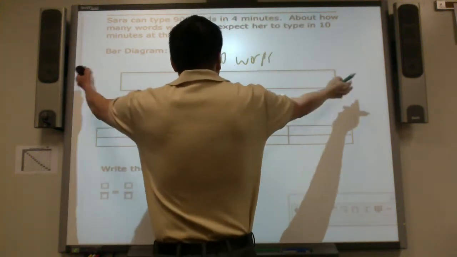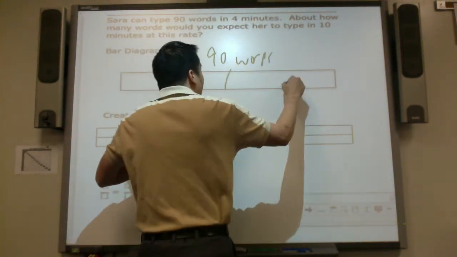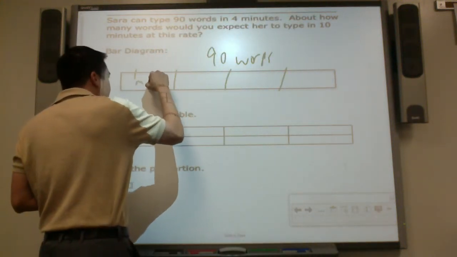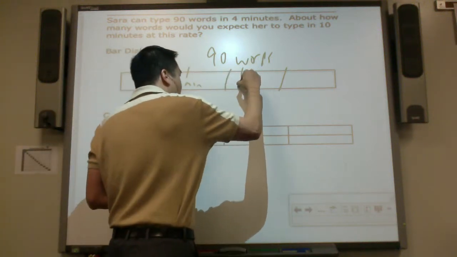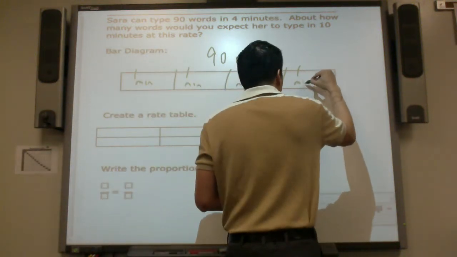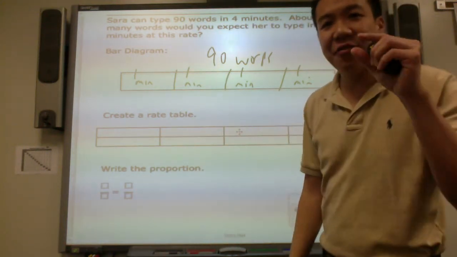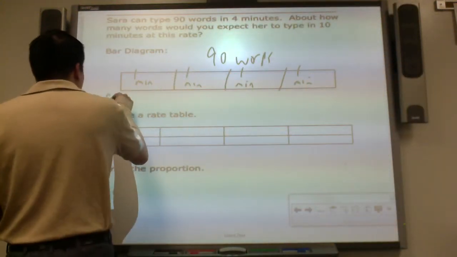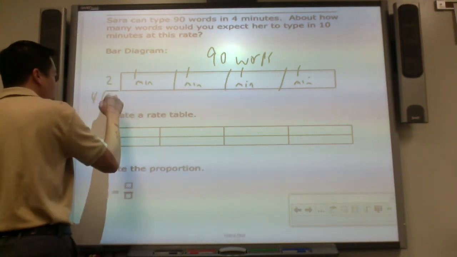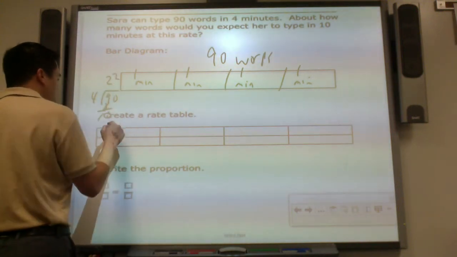So here's 90 words. We break it down per minute: 1 minute, 1 minute, 1 minute, 1 minute. So we're doing unit rates. How many words can she type every minute, per minute? So 90 broken down into 4 is 22.